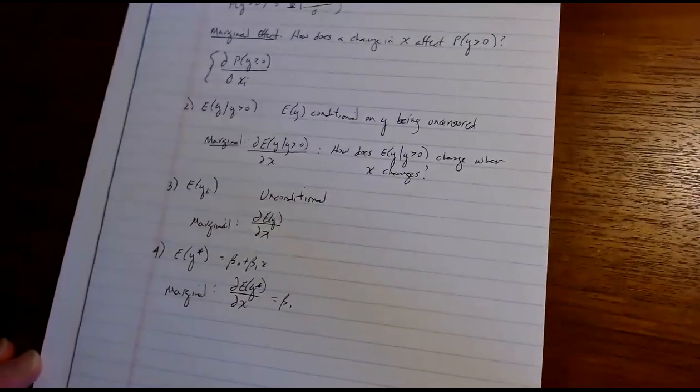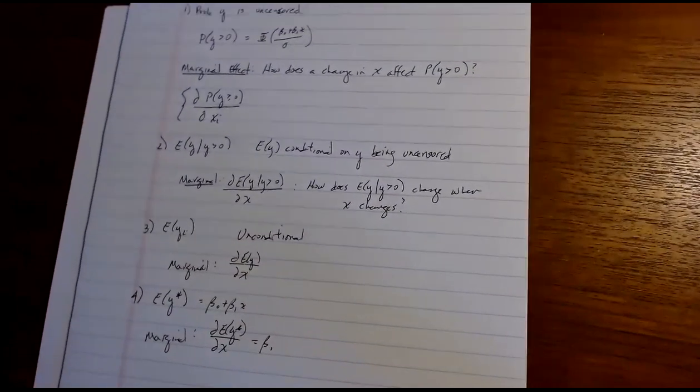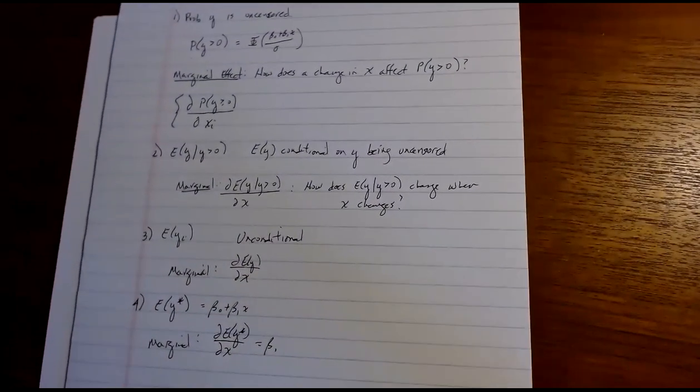So those are the four values that we can identify and try to estimate with Tobit.